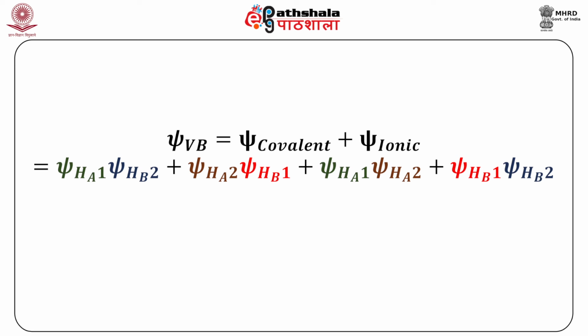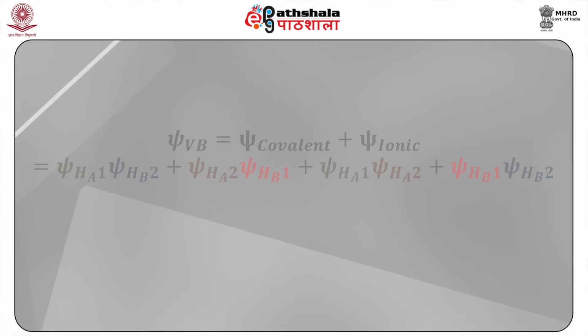These two represent covalent terms, plus psi Ha1, psi Ha2 plus psi Hb1, psi Hb2. These represent two ionic terms. So this becomes our total wave function.